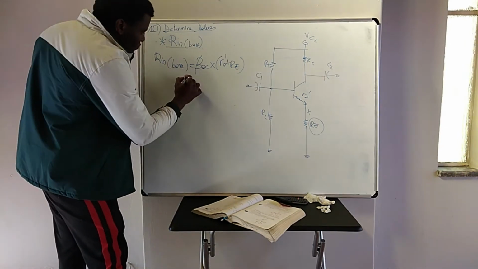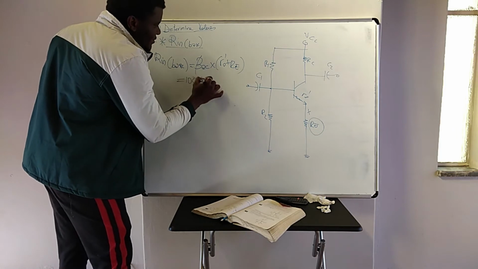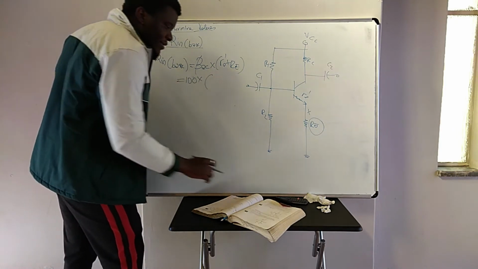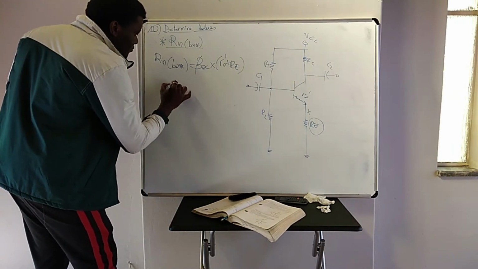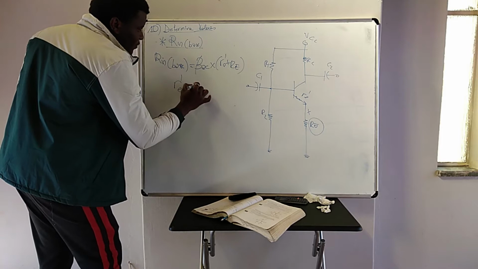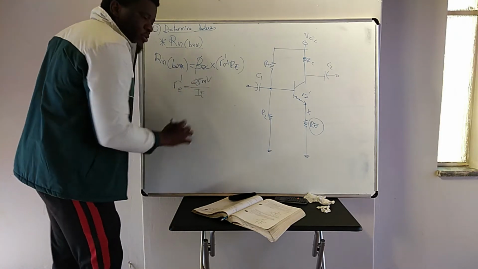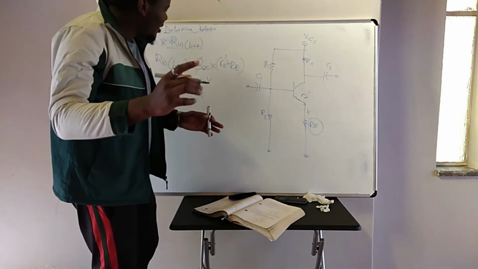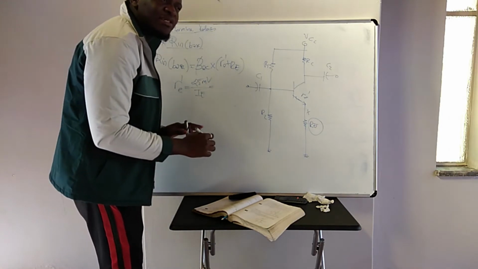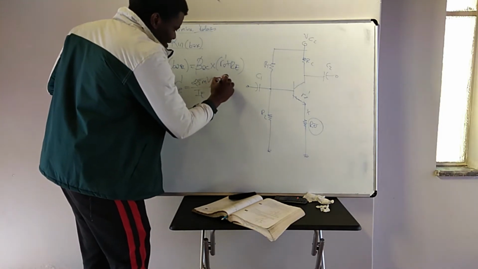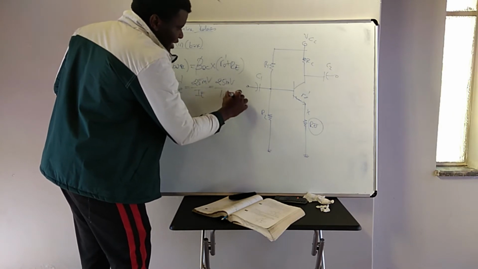So now it's going to be beta AC, which is 100, times R accent E. We must calculate R accent E, which we don't have yet. R accent E is going to be 25 millivolt over IE. I don't remember exactly what value we got for IE, but I think it was 1.94 milliampere or something like this.